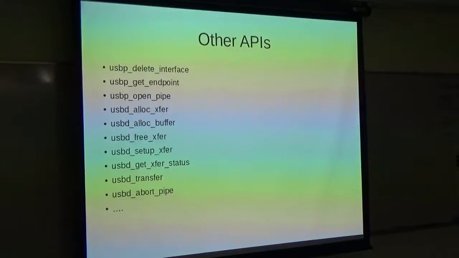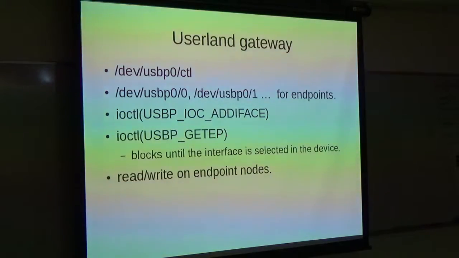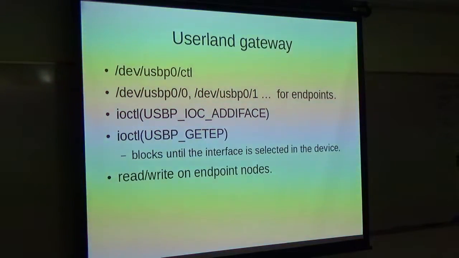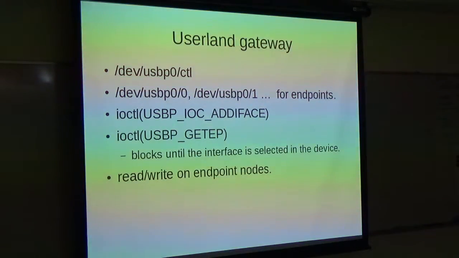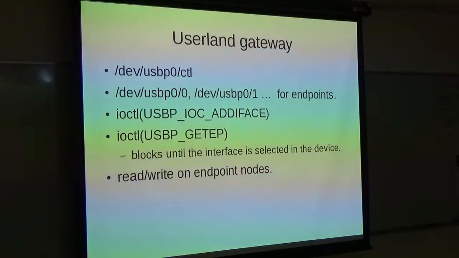And then the Userland program calls this get endpoint I/O controller, to know the actual endpoint number that is assigned to the interface. And this call will be blocked until that interface is actually going to the device and configured.